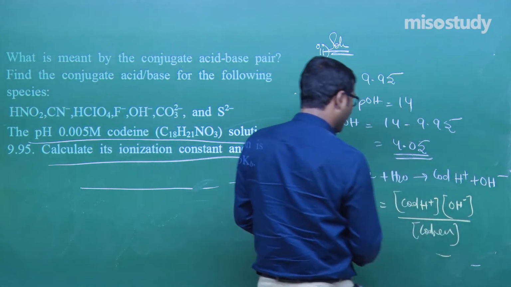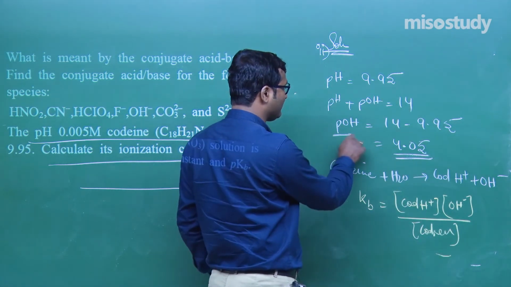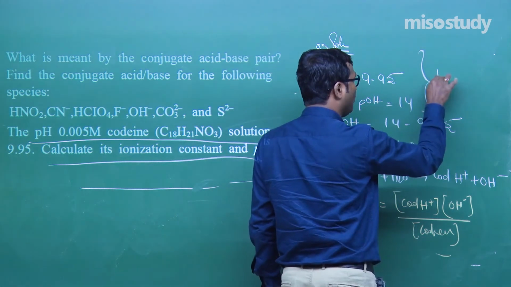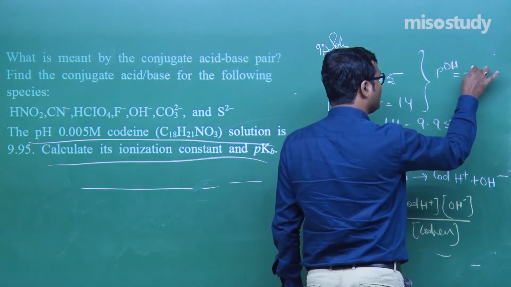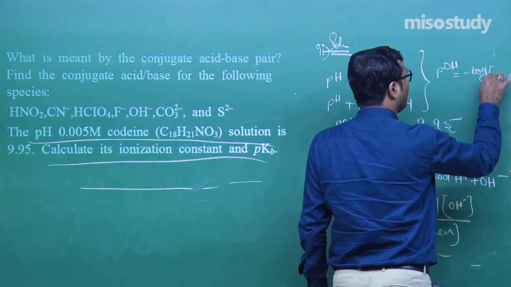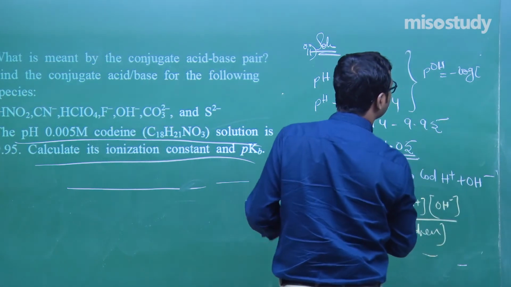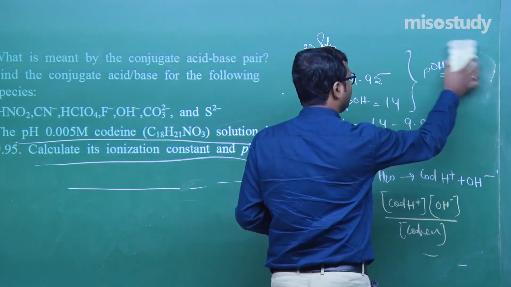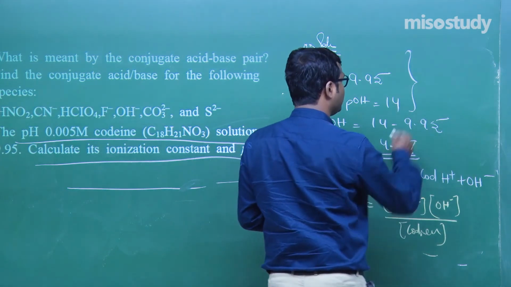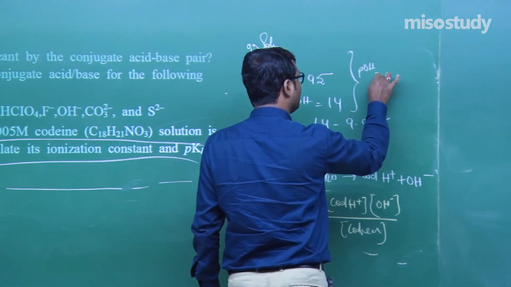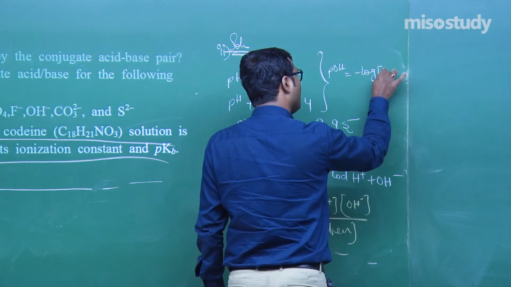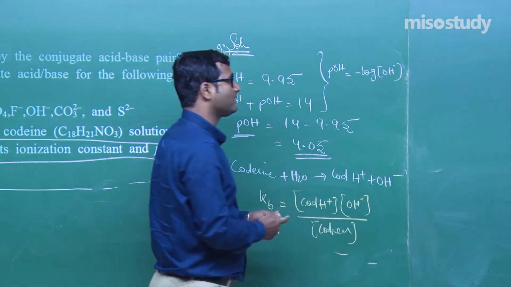Clear? Now, what is OH minus here? That is given here, pOH. As we know, pOH is equal to minus log OH minus ion concentration.